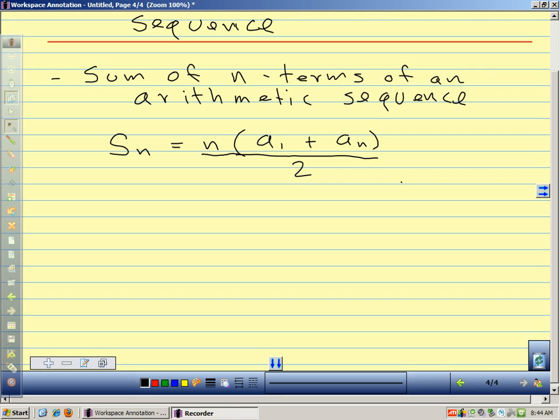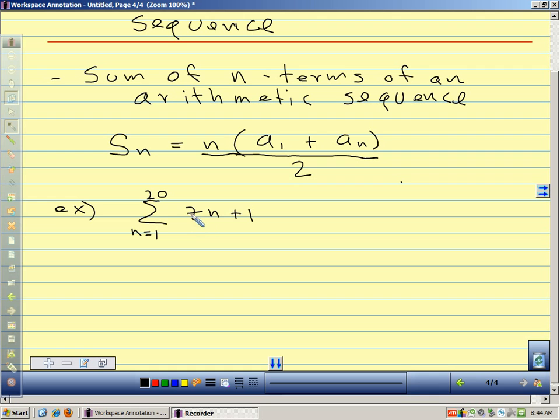So let's look at an example of how we might see this in a homework problem. We want to evaluate the sum from n equals 1 to 20 of 7n plus 1. Now this is an arithmetic sequence.